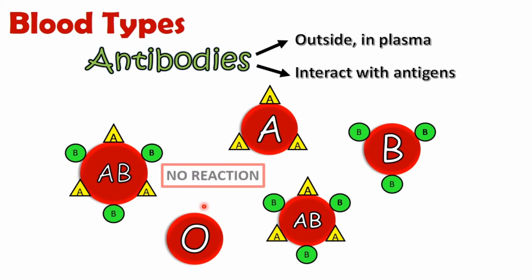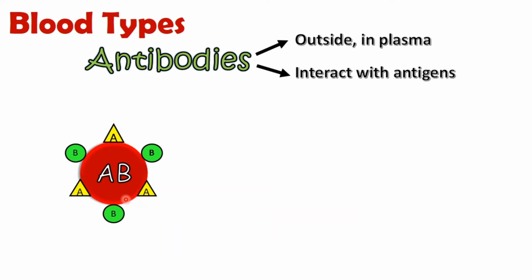There is no reaction between all these types of blood cells. That's why AB is known as the universal recipient, meaning that AB blood type can receive from any type of red blood cells.